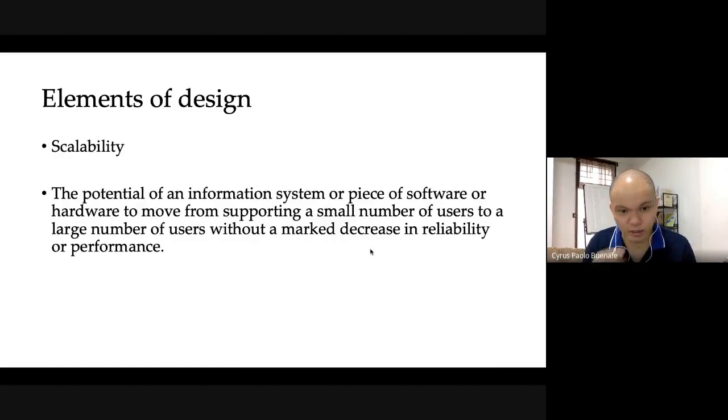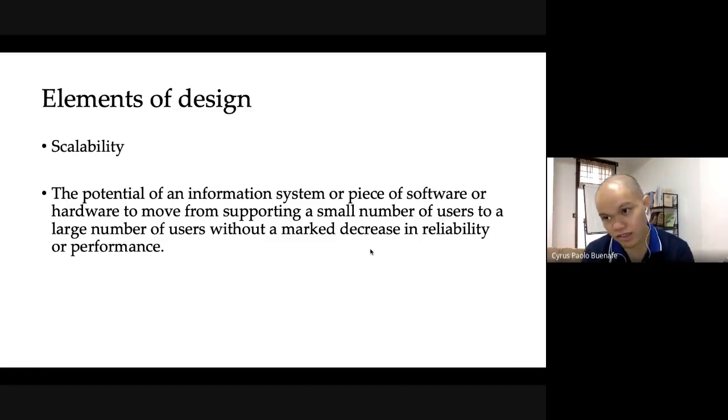Moving on, scalability. It is the potential of an information system or piece of software or hardware to move from supporting a small number of users to a large number of users without a marked decrease in reliability or performance. So that's the usual definition of scalability.